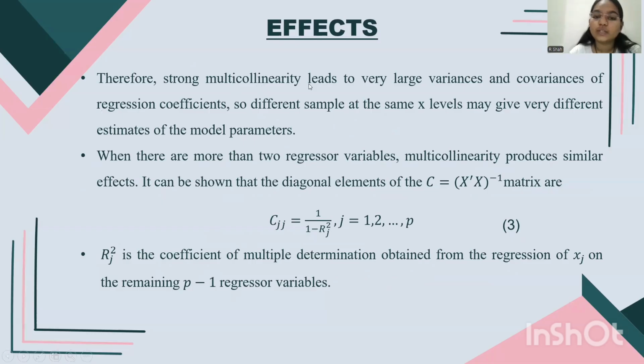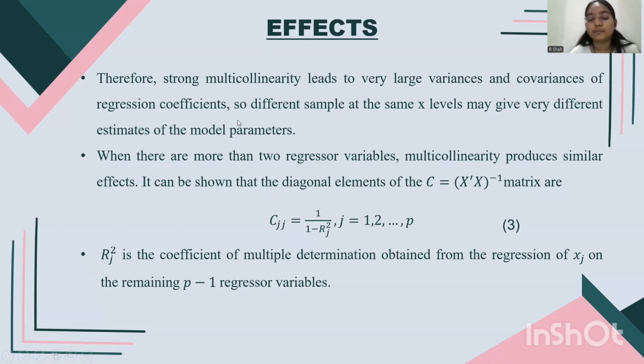Therefore, strong multicollinearity leads to very large variance and covariance of regression coefficients. So different samples at the same x level may give very different estimates of the model parameters.